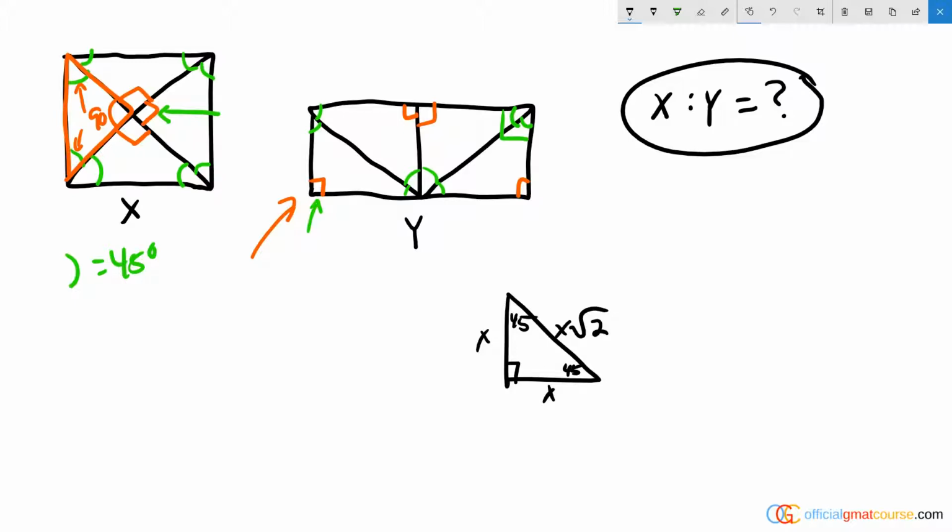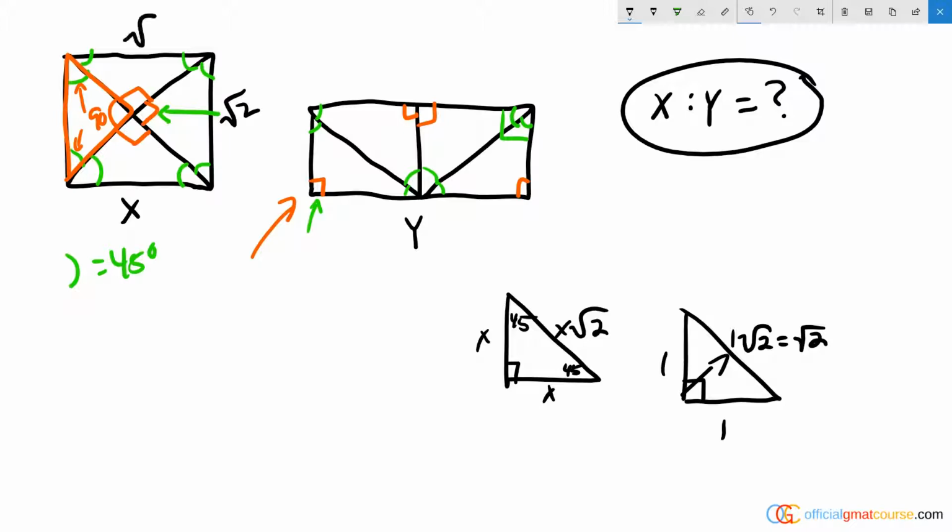I would rather pretend that we have triangles that are 1 by 1 by root 2. And if the sides across from the 90-degree angles are root 2, that means all the sides of the square are root 2, which means the perimeter of this shape is 4 root 2. So the perimeter of x is 4 root 2.